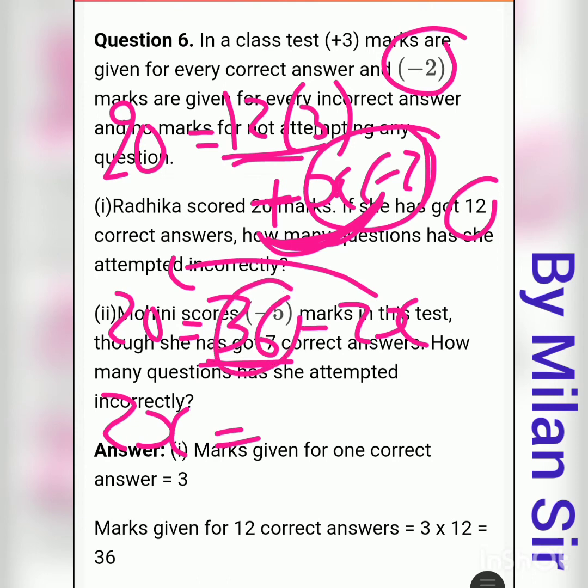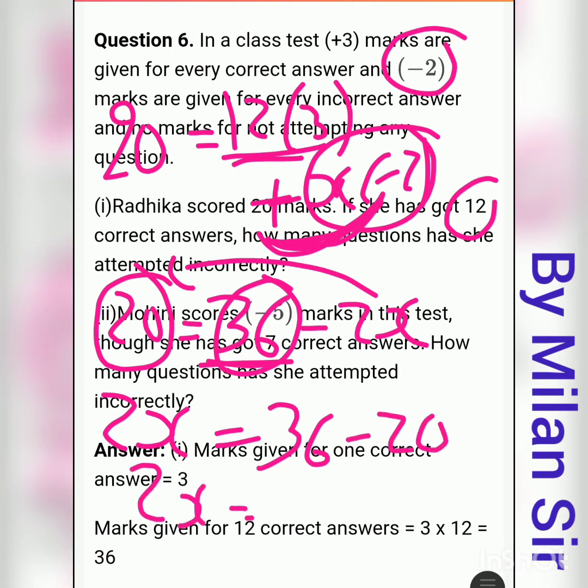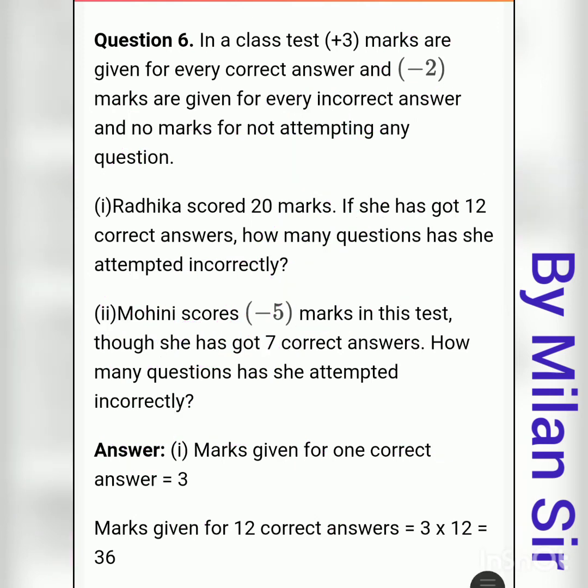Now first of all, in the right hand side 36 as it is. Now we transfer this 20 to the right hand side, so this +20 becomes -20 here. Now 2x is equal to 36 minus 20, it's 16. So at last we have 2x is equal to 16.